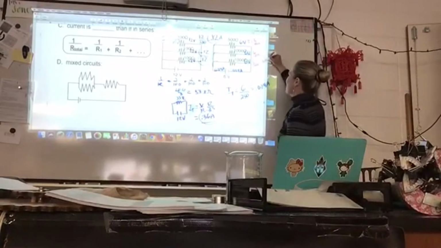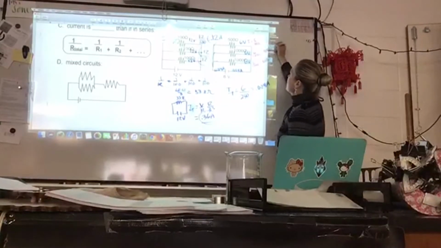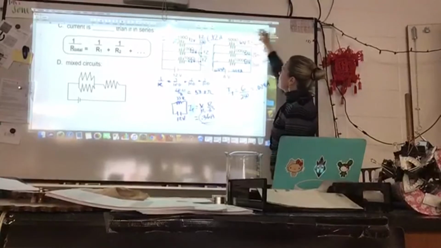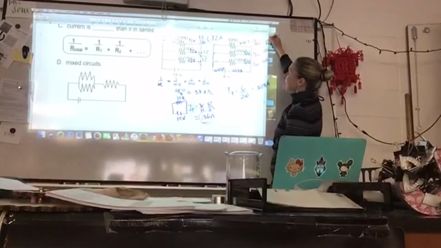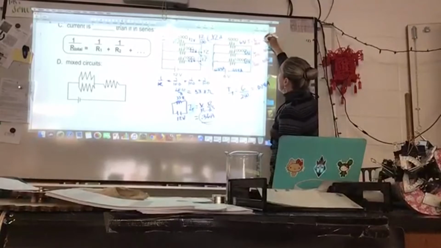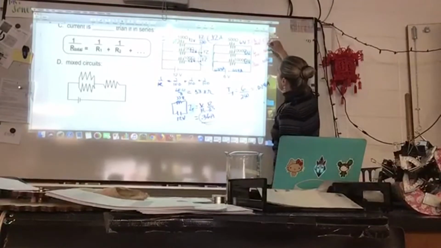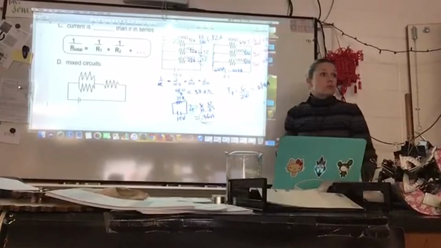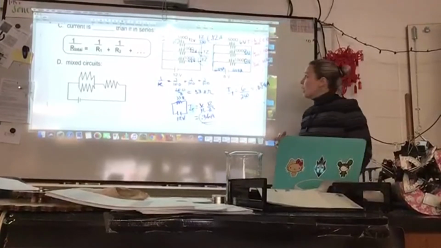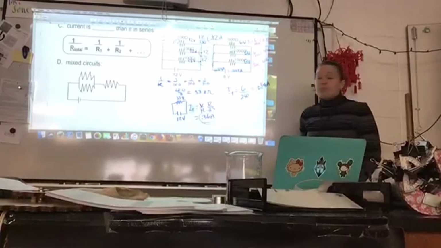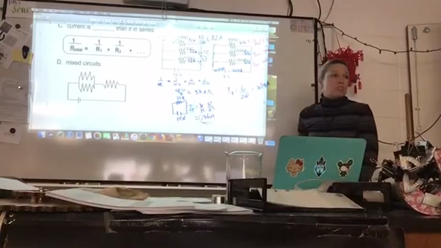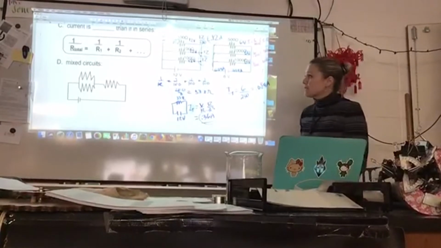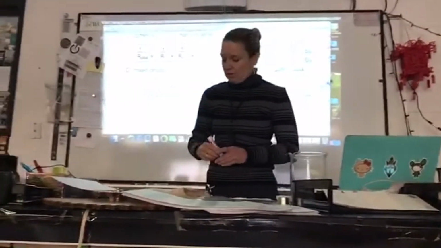I can do this one in my head. 0.006. And if this has half the resistance, what's the current? Twice as much, 0.012. What do these add up to? I hope the total. I don't mind you being wrong, but I don't like it when they make no sense. Okay? All right. Last thing.